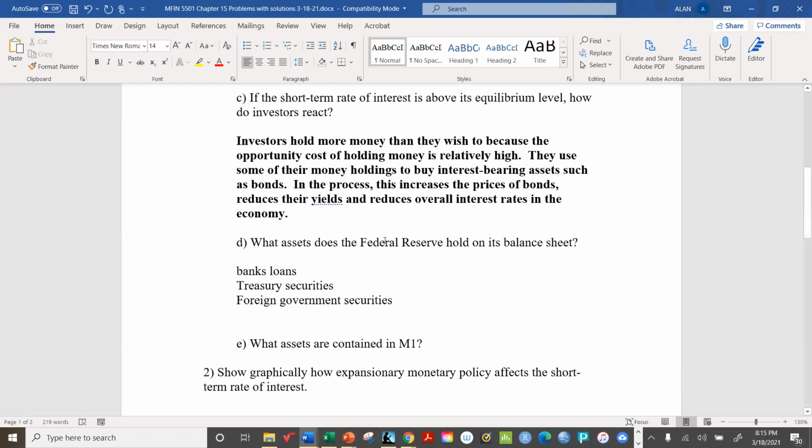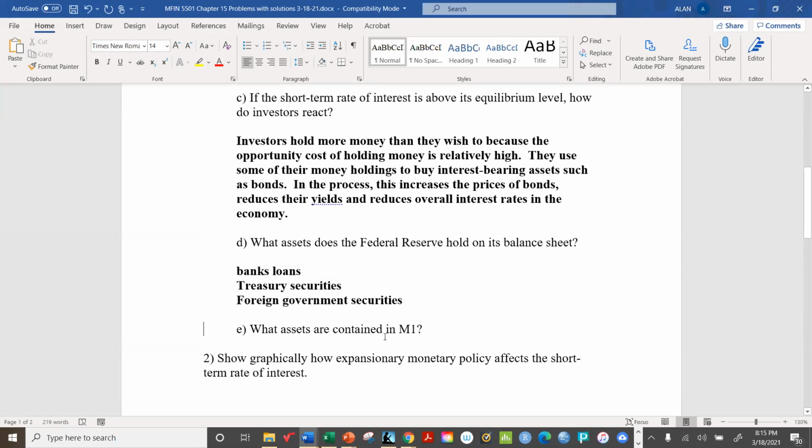The Fed holds all of these at any given time, and those are all considered to be assets. Now, M1 primarily, although there's a few other small items in there, consists of currency in circulation plus checking deposits. That's where most of it comes from.